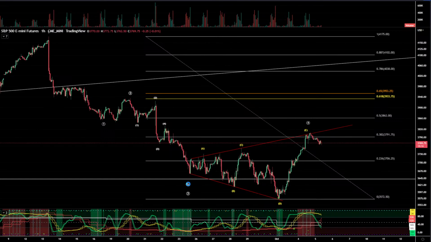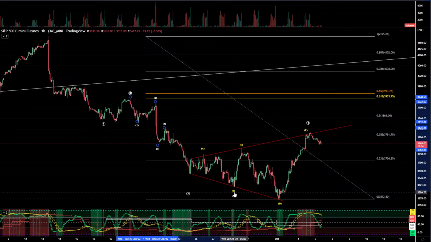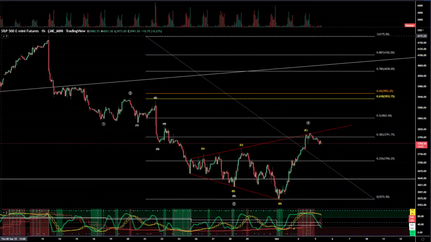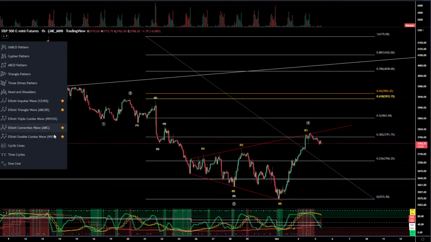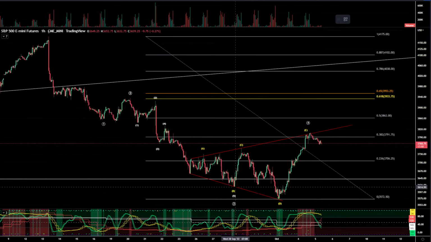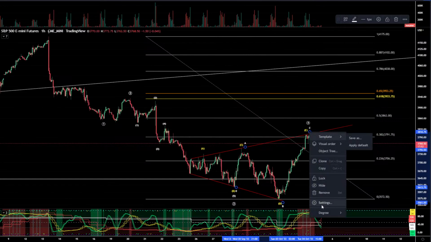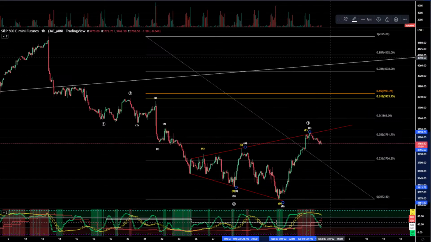Yesterday we were looking at this, and this is still potential here. For this 5 to be down here, this 3 to be here, and still the potential that this is an expanded flat. So from here, we have an A, a B, and then the C. I'm not going to get too caught up on that possibility, because even if that was the case, the result is still basically going to be the same.